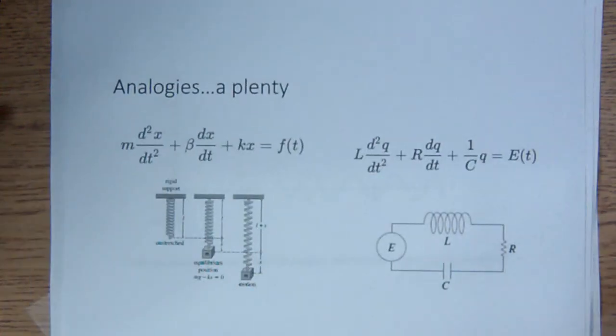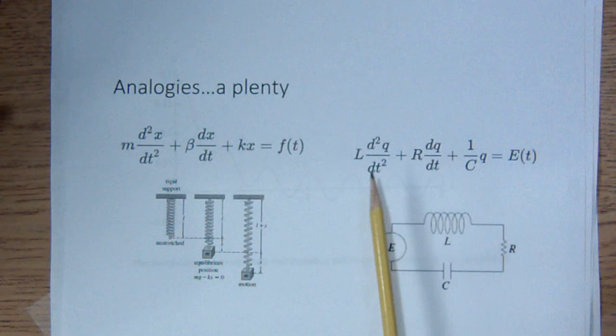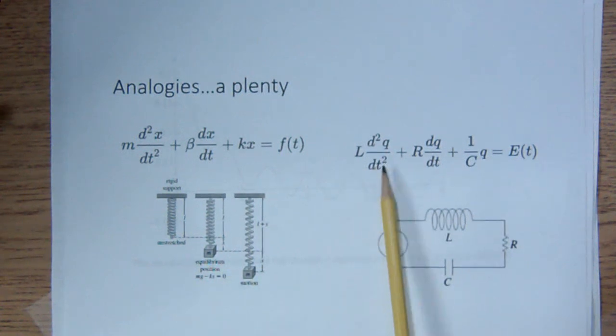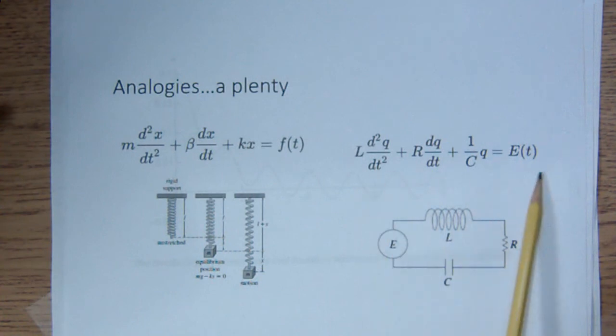Now, just to close with an analogy, and there are many analogies to this modeling approach and also to these equations. If we have an electrical system where this is an inductance coil, that's a resistor, that's a capacitor, and we do have a driving force, which is like a battery or a power source that's coming in, this is the equation that we get. Now here L stands for the inductance, Q is the charge, and we have this kind of differential equation.